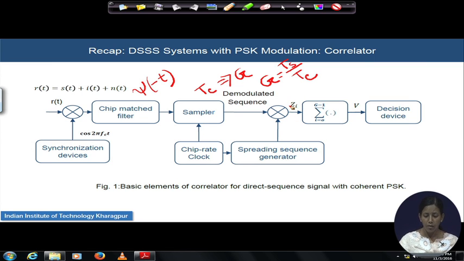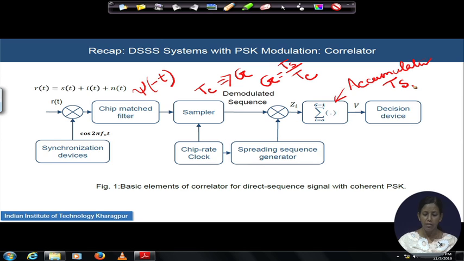The accumulator here is accumulating the G number of samples that you have obtained over a symbol duration of Ts, and the decision device is finally taking the decision about the demodulated signal to identify what message information was transmitted from the transmitter.